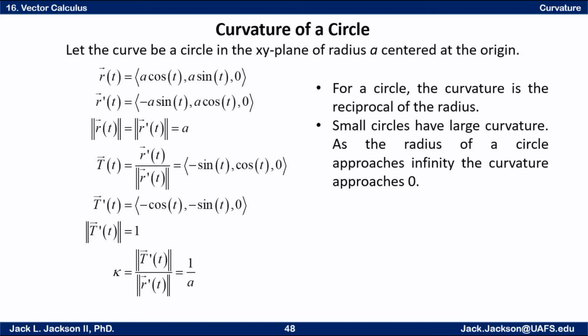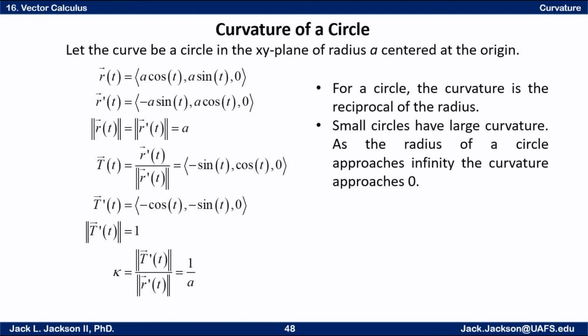So we know that the T vector is r prime divided by the norm of r prime. That's just our unit tangent vector. So r prime is tangent, but then we divide by the norm. So we're just taking this vector for r prime right here and dividing by the a, so the a's are going to cancel out. So the T vector is minus sine of t, comma cosine of t, comma 0. So then we take a derivative of that.